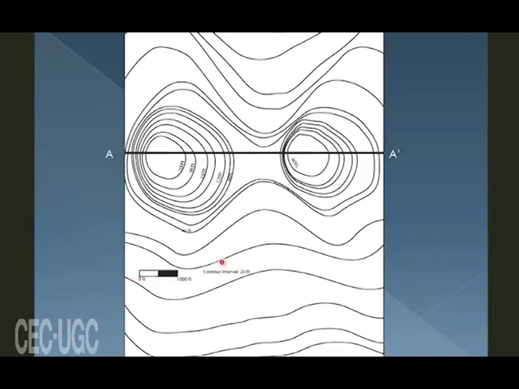Contours make it possible to represent the height of mountains and steepness of slopes on a two-dimensional map surface.